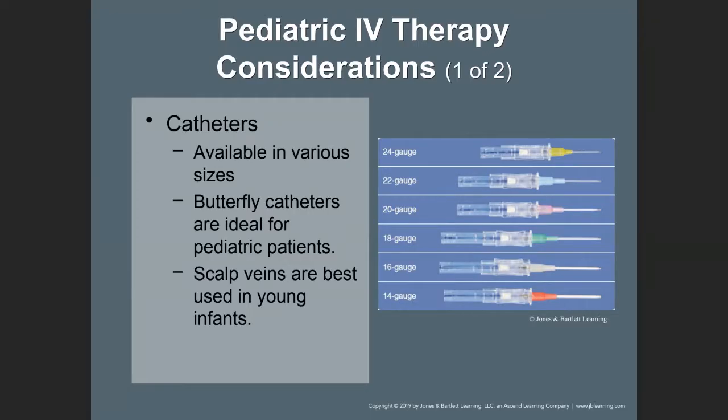20 is for your geriatric population. That's the one that you will see used commonly in your geriatric population. A 20 can also be used for a large size pediatric patient. Anything below 20 is going to be for your pediatric population.